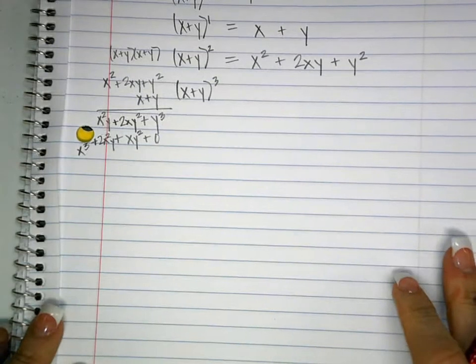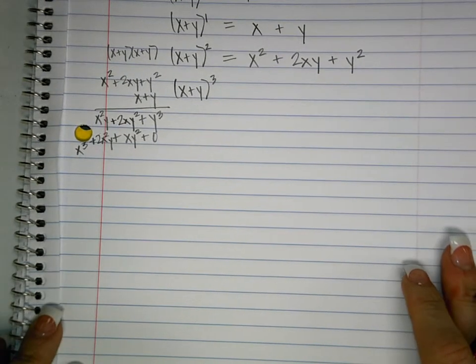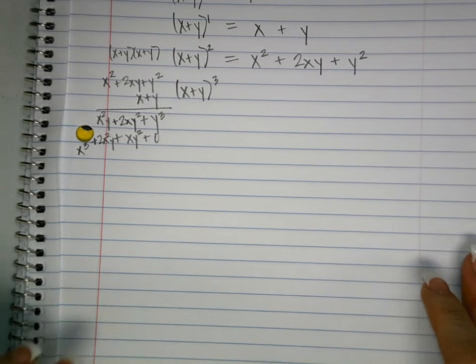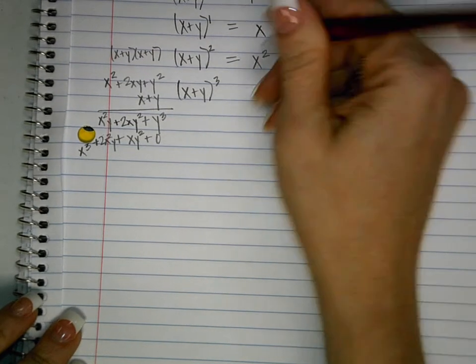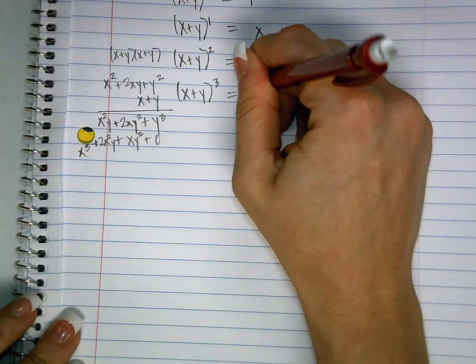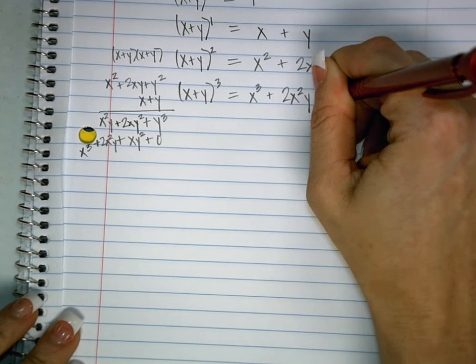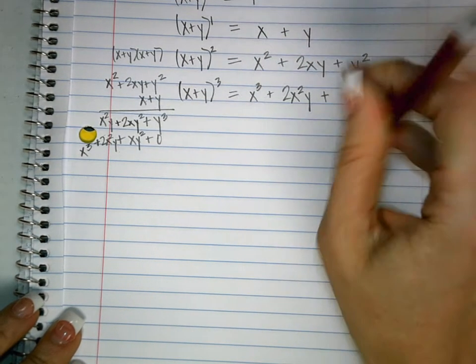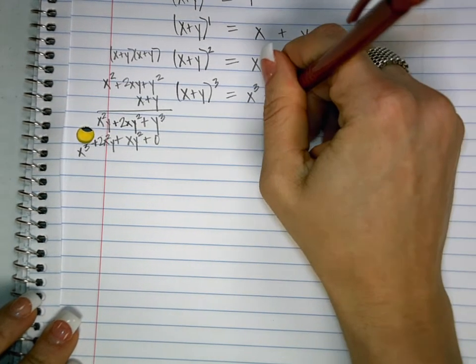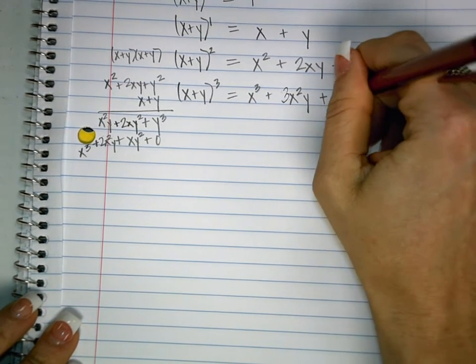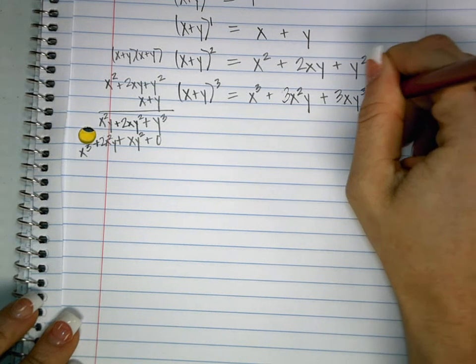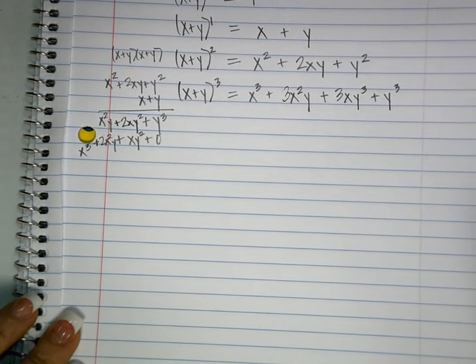You should be able to multiply on your own, so even if you can't see mine, you know how to multiply. So this would equal x cubed plus 3x squared y plus 3xy squared plus y cubed.